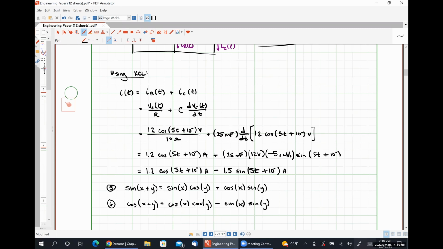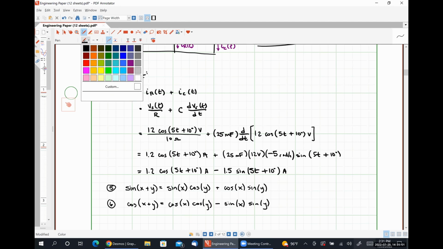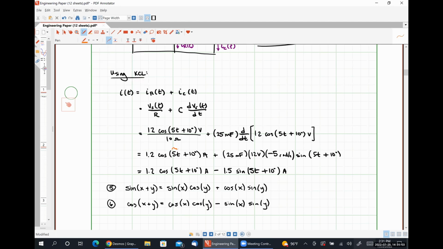In this case, x is just 5t, and y will just be 10 degrees.